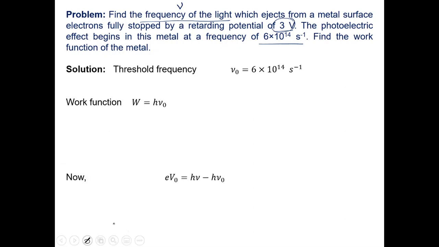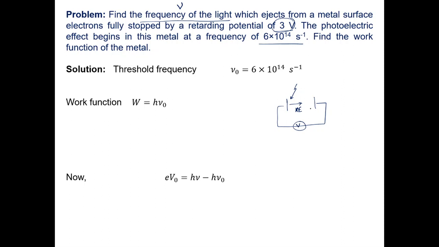So if I draw a schematic to explain this problem better to you, let's assume that you have a metal plate and you have an incident photon on this. There's another metal plate, and now I apply a potential. If there's no field, the electrons will be ejected and they will move with a kinetic energy in the other direction.